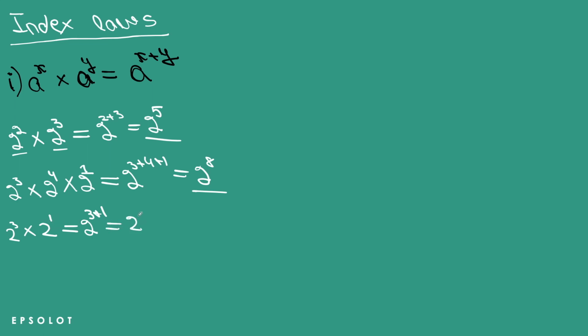Then it will be 2 to the power of 4. But if I had written 2 to the power of 2 multiplied by 3 to the power of 2, you cannot add the exponents together, because the base is not the same. So you cannot just rewrite this as 6 to the power of 4. That's not how it works. So that is the very first index law that you have to remember.